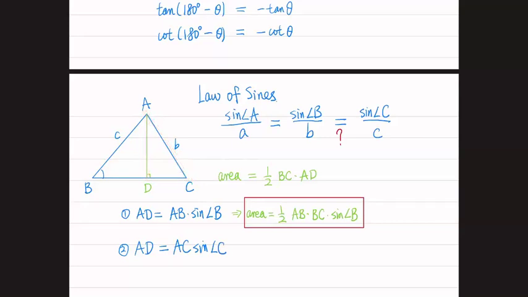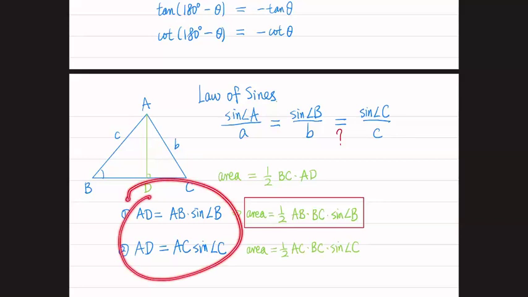So we can do the same thing. We get another formula for the area, 1/2 AC BC sine C. Now if we combine these two equations, two identities, they both equal AD.